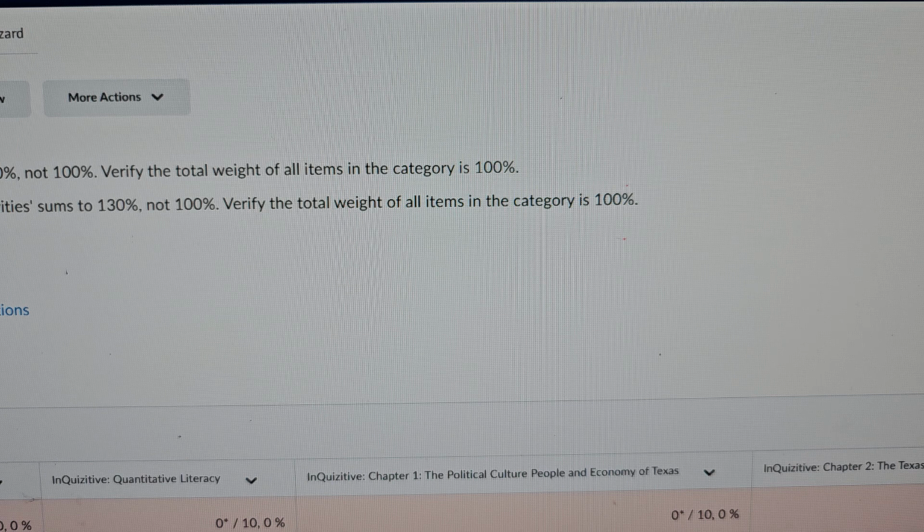You don't do those other things below that, like the Texas monuments or what have you. You don't do any of that. You just do the inquisitives for each chapter, and also you do on the Norton book, you answer those multiple choice questions, and you get credit for those. You get points for those.